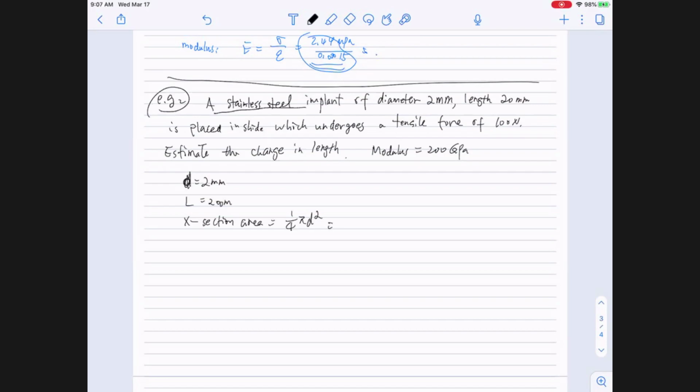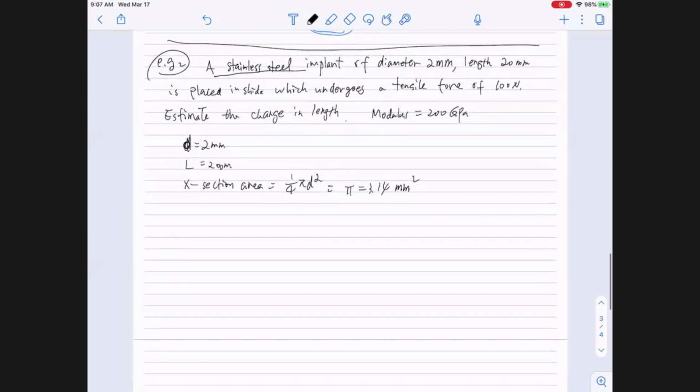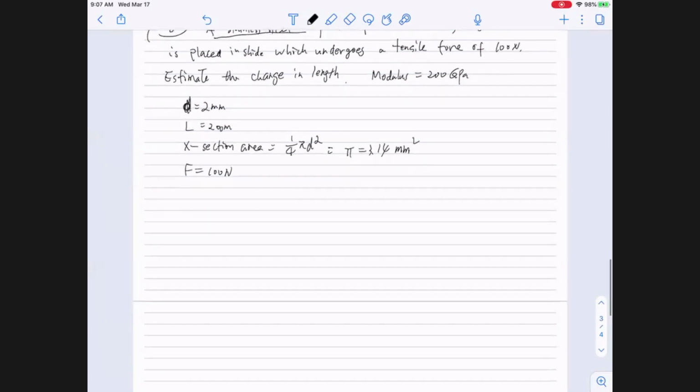Yes, it's pi r squared, which is 3.14 millimeter square. Then we know F is 100 Newton, and we can get the stress as F over A, 100 Newton over 3.14 millimeter square. So it's around 1 Newton per millimeter square. So that's megapascal, right?